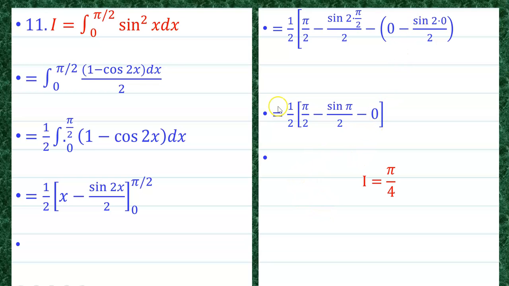Again here you will get 1 upon 2 in the bracket, pi by 2 minus sin of pi upon 2, and this sin of pi will be 0. So overall what will you get? 1 upon 2 into pi by 2, that is pi by 4. This is 0, this is 0. 1 upon 2 into pi by 2 is pi by 4, and hence I is equal to pi by 4.